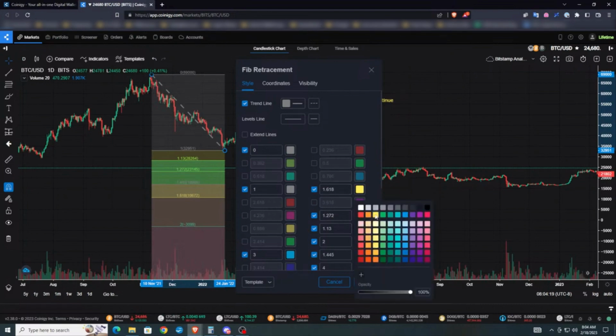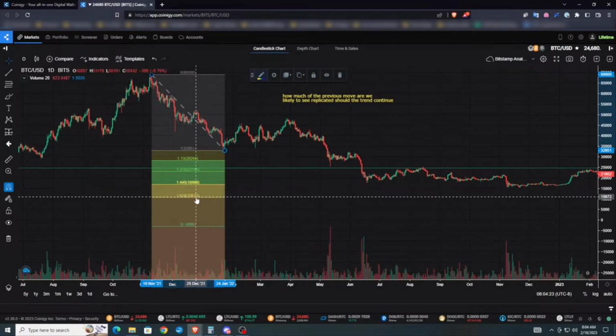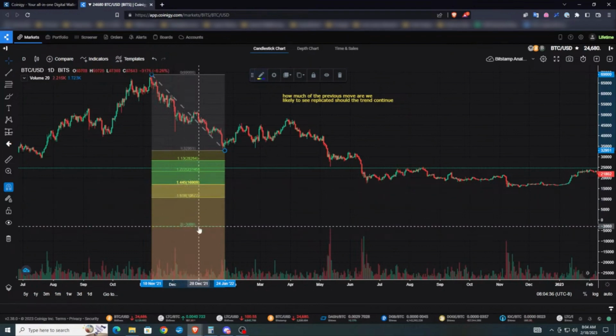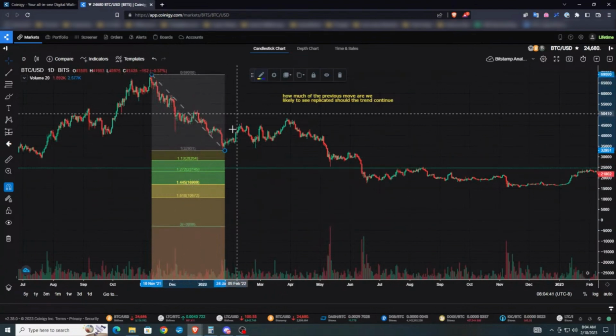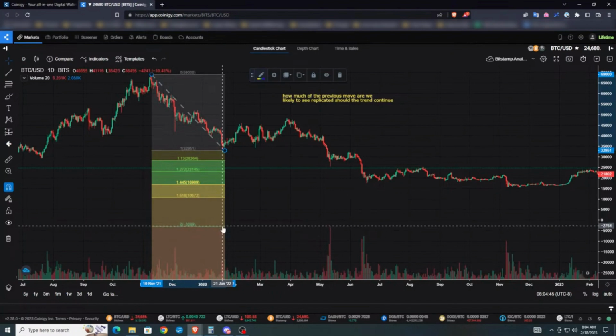1.618 in mathematics is called the golden ratio. So that's a very important level for Fibonacci extensions. Of course, we saw in the retracement module the 0.618 level and its significance. And then finally, I personally like to follow 200%, or basically a replication of this range going further.